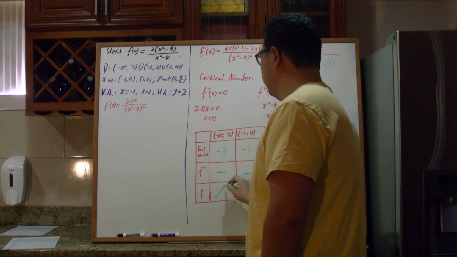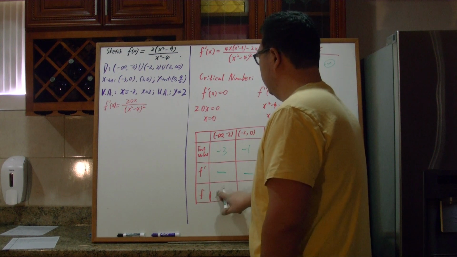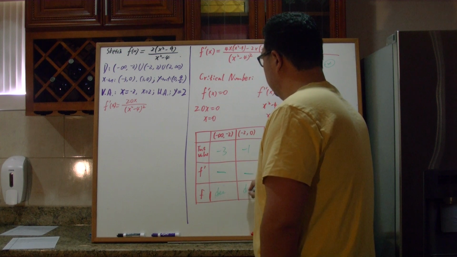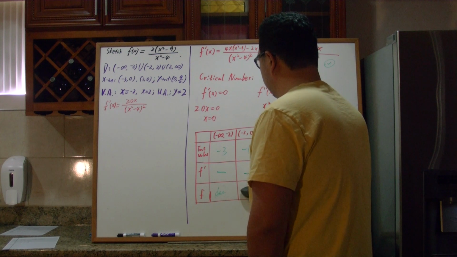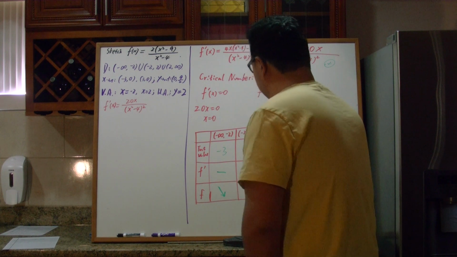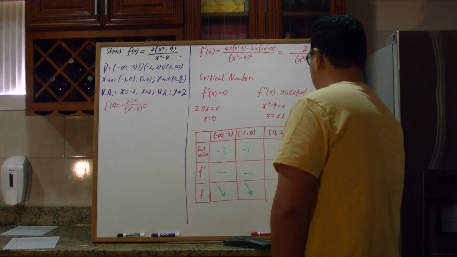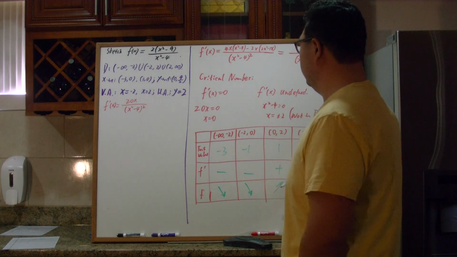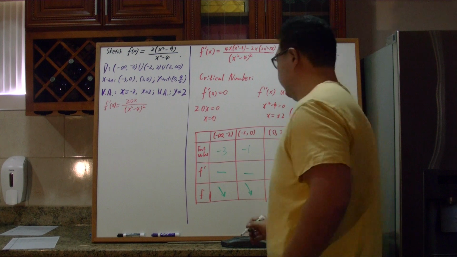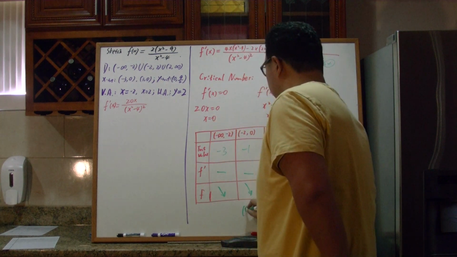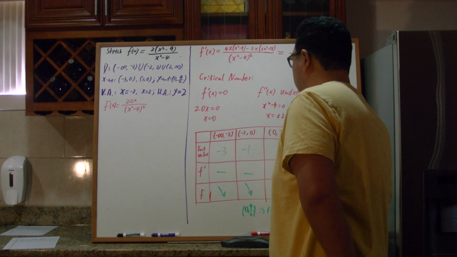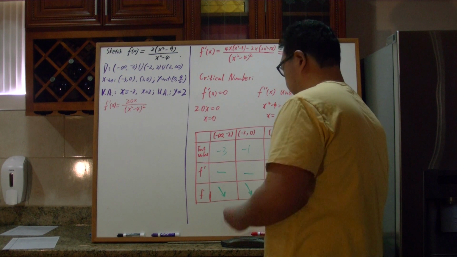So we have decrease, decrease, increase, increase. And from decrease to increase, the point 0, 9/2 is our relative minimum.